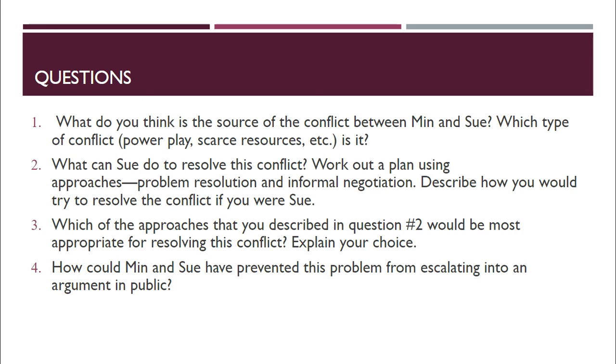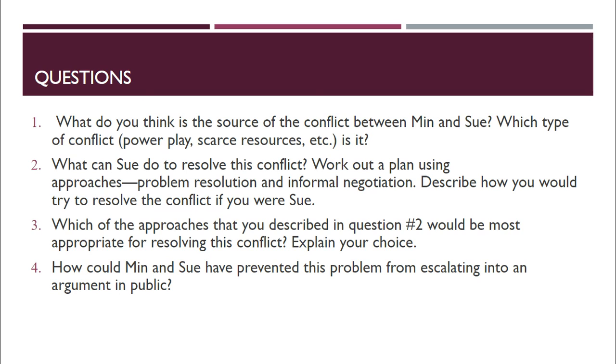So, some questions for that case study. What do you think is the source of the conflict between Min and Sue? Which type of conflict? Is it a power play? Is it that they have scarce resources? And a lot of it, I think, is communication issues. What can Sue do to resolve this conflict? Can she work out a plan using the approaches we just went over with problem resolution and informal negotiation?